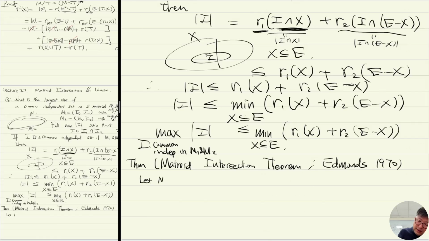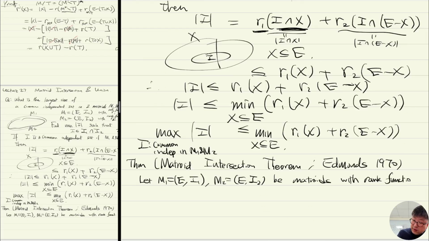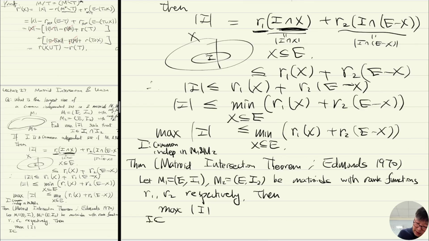That if M1 and M2 are two matroids with rank functions R1 and R2 respectively, then the maximum size of a common independent set is equal to the minimum value of the rank of X in the first matroid plus the rank of the complement of X in the second matroid.